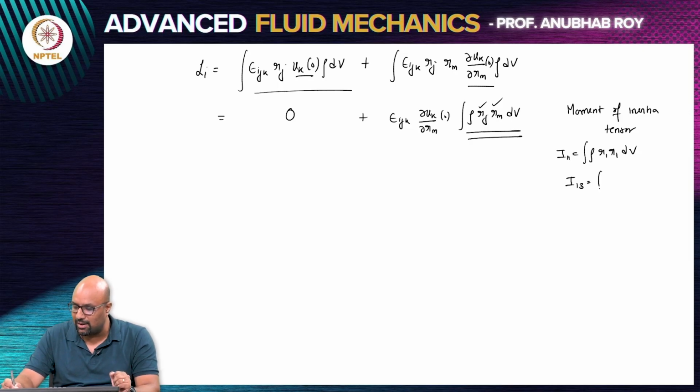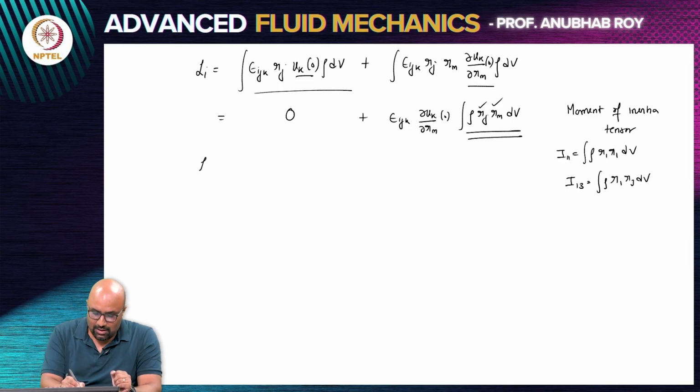Similarly, I13 would be rho r1 r3 dv. So this is the moment of inertia tensor for this particular object. So L_i = epsilon_ijk ∂u_k/∂r_m at 0, this becomes I_jm.